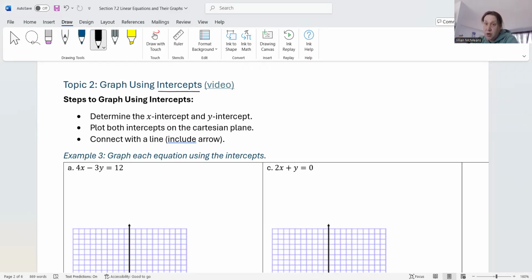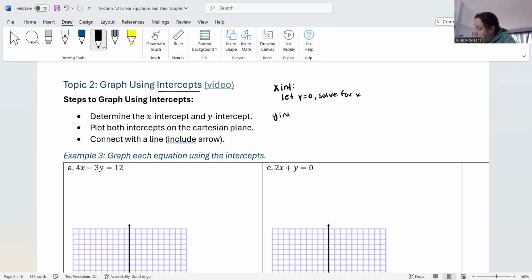Now, steps to graph using the intercepts. First of all, you have to determine what the x and the y intercepts are. We're going to do like we did in example 2, where we take the equation and find those intercepts. As a reminder, to find the x-intercept, we let y equal 0 and solve for x.